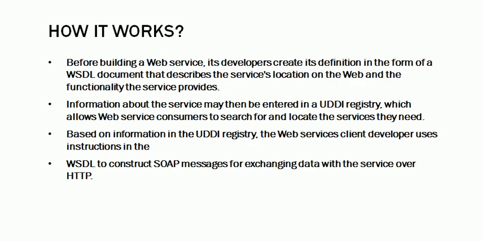Everything is written inside a particular file, which is mostly known as a WSDL file. WSDL stands for Web Service Description Language. It is a file which describes each and every piece of information regarding web services. Once the developer defines that, they start developing the web service.